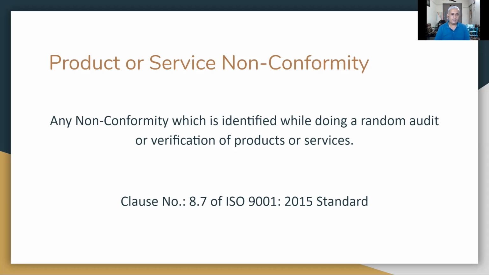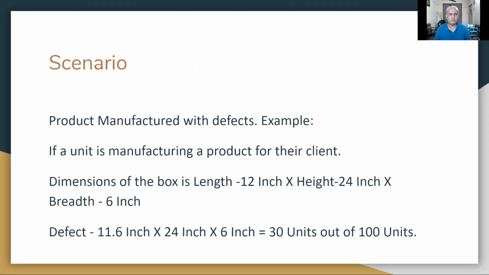So the definition is: any non-conformity which is identified while doing a random audit or verification of product or services is termed as a product or service non-conformity. This is under clause 8.7 of the standard ISO 9001:2015. So let us go further and see what a product and service non-conformity is and how to close it.